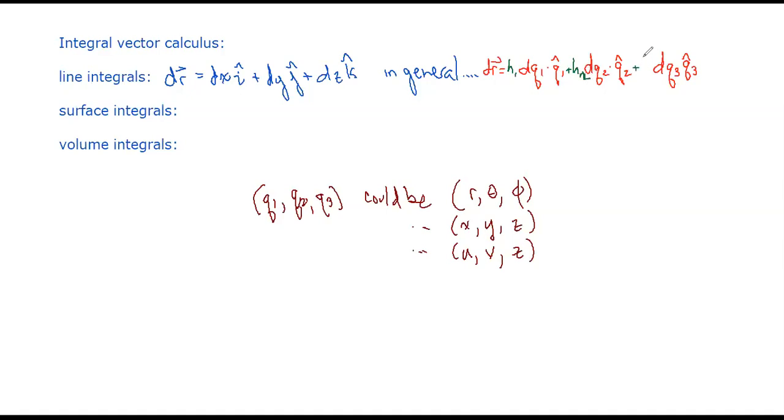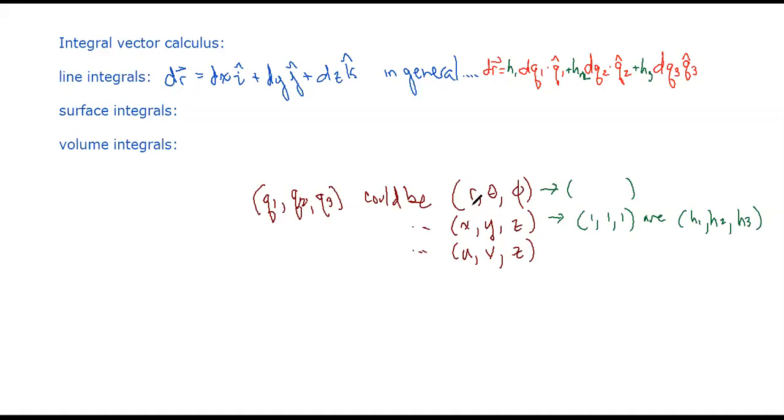Now they could be 1, just literally the number 1, which they are for x, y, z. So this has scale factors 1, 1, and 1. But for instance, I think we went through both cylindrical polar and spherical.